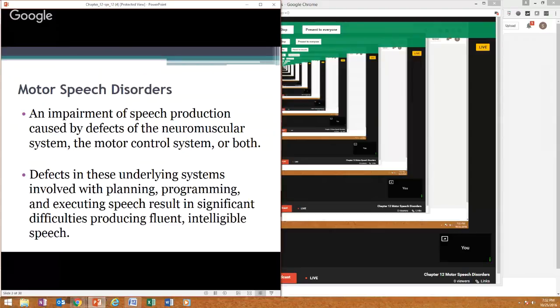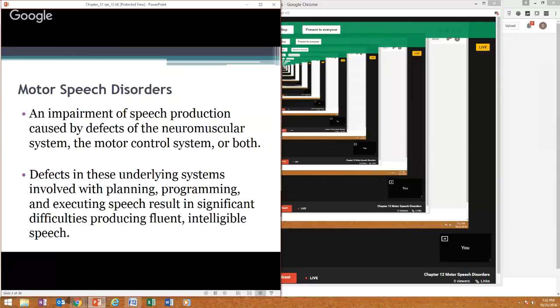Motor speech disorders can be an impairment of speech production caused by defects of the neuromuscular system, the motor control system, or both. Impairment of speech production with defects in the neuromuscular system would refer to a defect in the muscles made for speech, often found in dysarthrias.